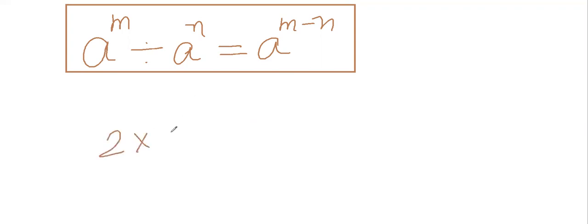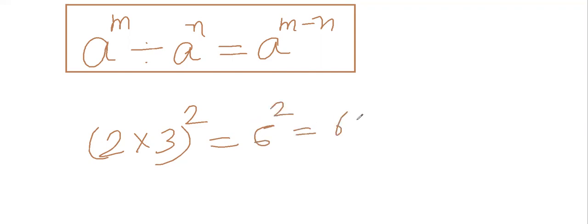Say 2 into 3, the whole square. This I can write as nothing but 6 square. This I can write as 6 into 6, which is 36.